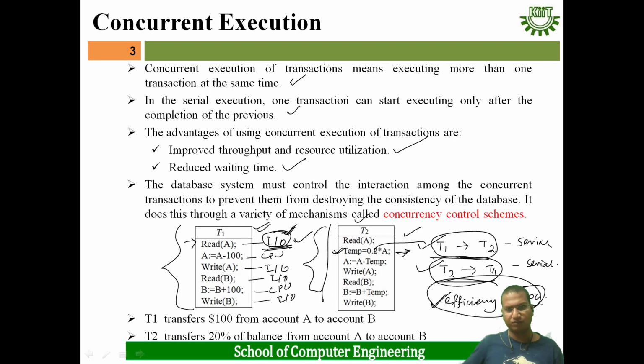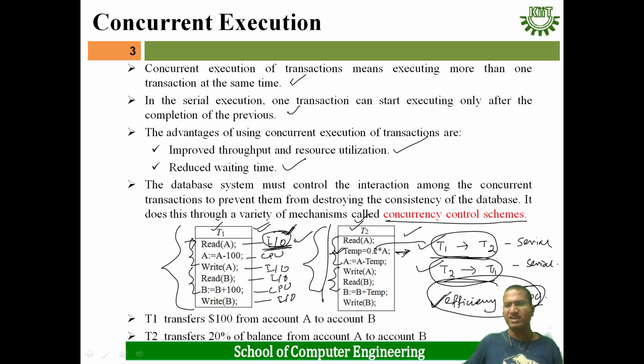The database system must control the interaction among the concurrent transactions to prevent them from destroying the consistency of the database. It does this through a variety of mechanisms called concurrency control mechanisms. Whenever we execute transactions in concurrent manner, that means some of the instructions of transaction T1 get executed, then some of the instructions of transaction T2 get executed, then again some of the instructions of T1 get executed, then some of the instructions of T2 get executed. At that moment, what happens?